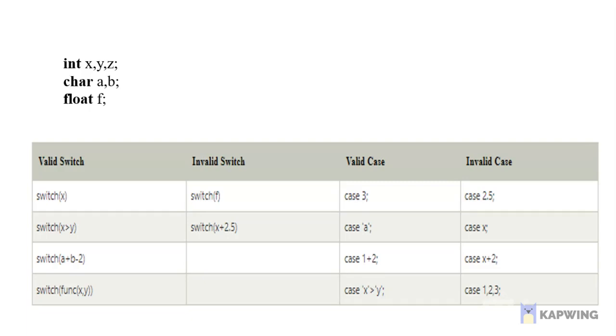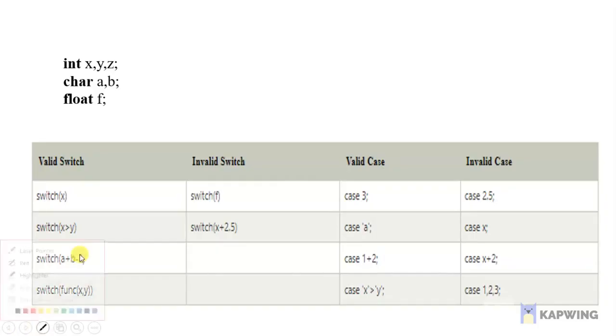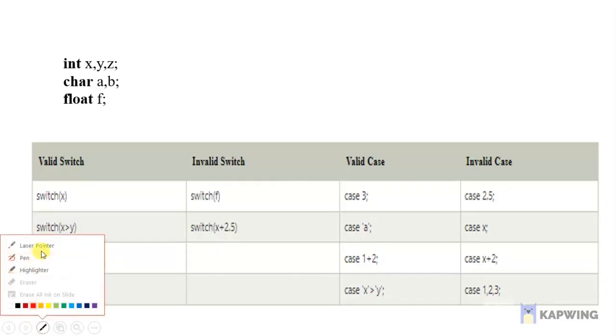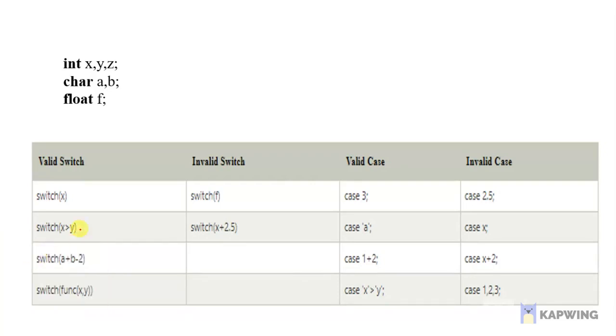Switch x, this is the valid one. If we take switch f, this is a float value, and we have seen it can take only integer and character type of data.